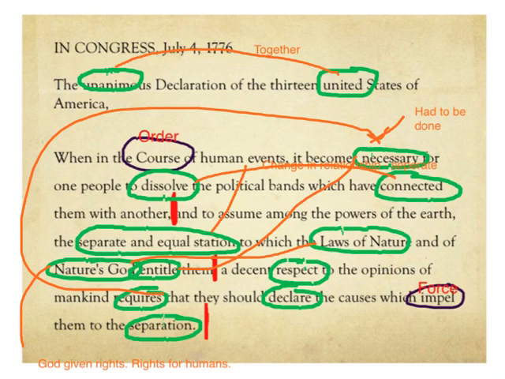And then down here with separation, I can connect that back to this whole change in relationship, that they had to be separate, that they were trying to break apart from England. And then with respect, I'm connecting that back to these laws of nature, that they felt it was just basic respect. These are their basic rights.